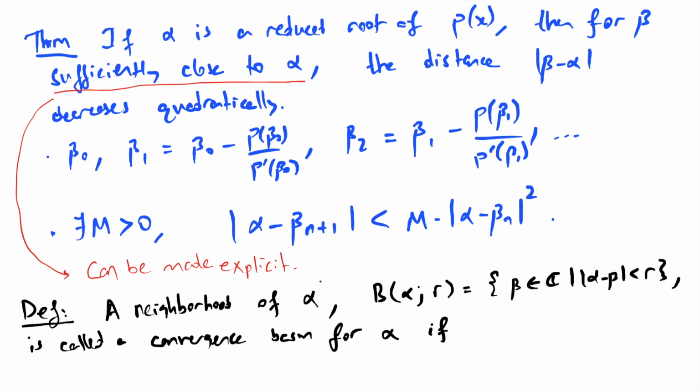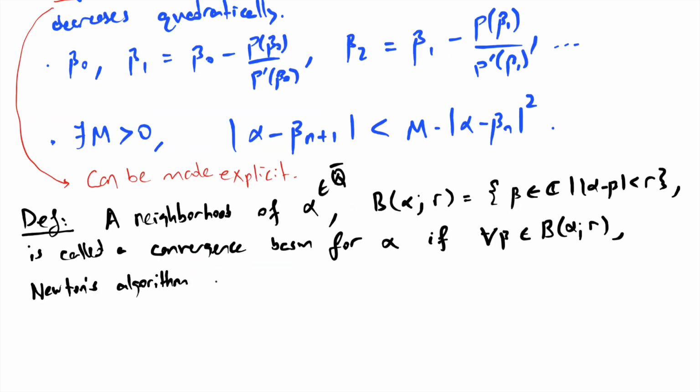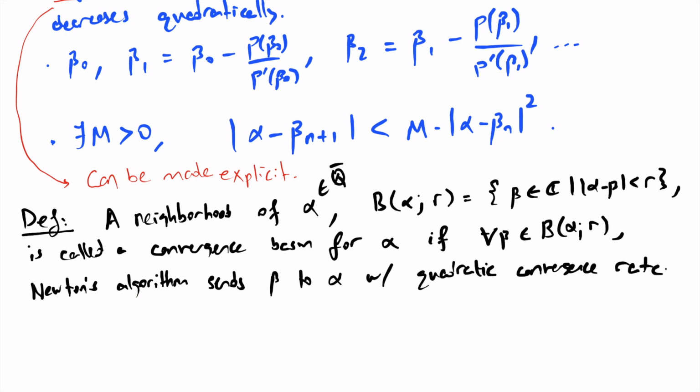Here, remember this alpha is an algebraic number, so it is the root of a polynomial. I'm just going to refer to the same p. If for every beta in this neighborhood, this quadratic convergence rate is defined exactly like this, so that repeated applications of Newton's algorithm will have this distance decreasing with this exponent 2 here. And I'm going to apply Newton's algorithm to the minimal polynomial of alpha.